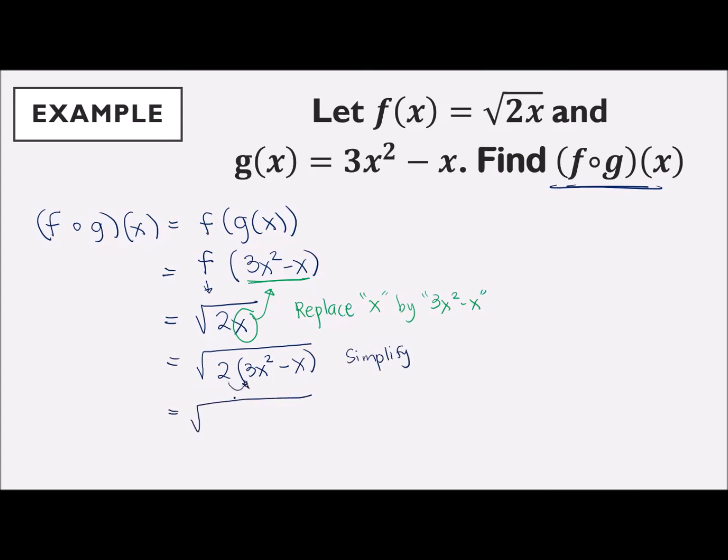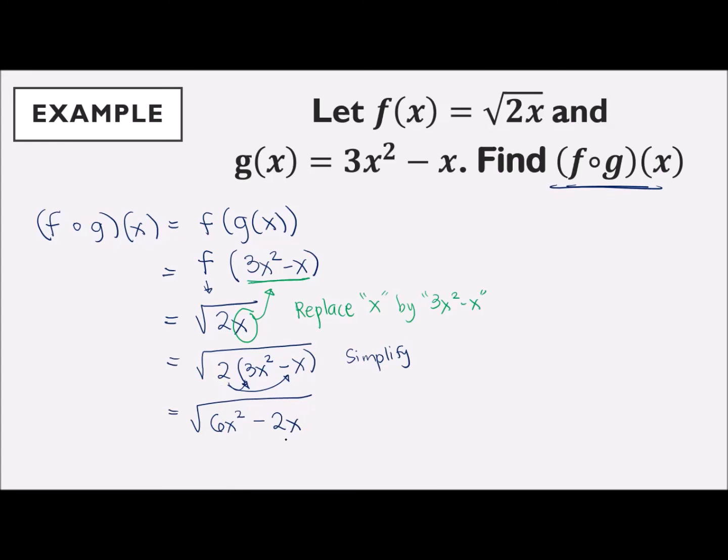So, ito, distribute natin. 2 times 3x squared, that is 6x squared. And then 2 times negative x, the answer here is negative 2x. So, kung i-factor man natin to, o kung ilalabas man natin yung x, babalik rin naman tayo sa nauna.